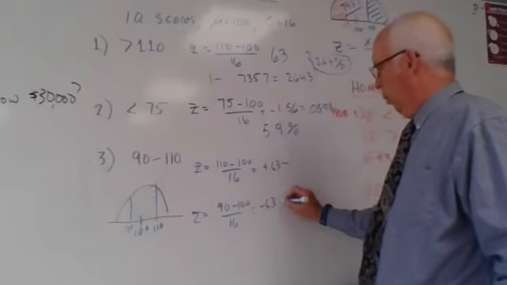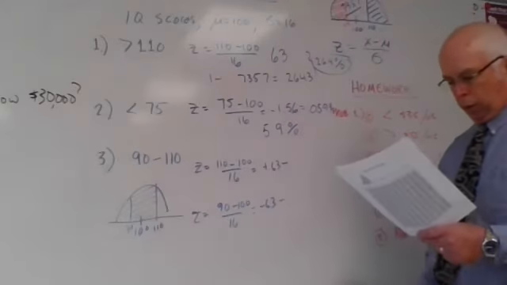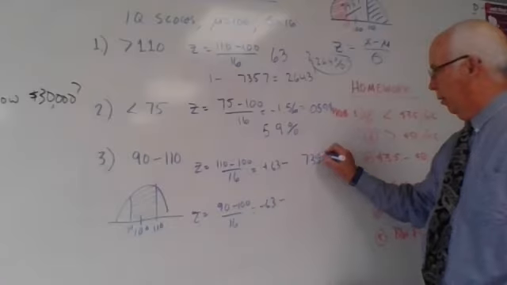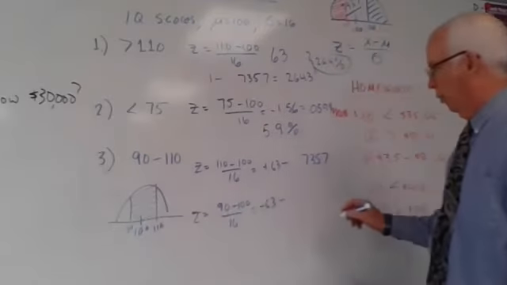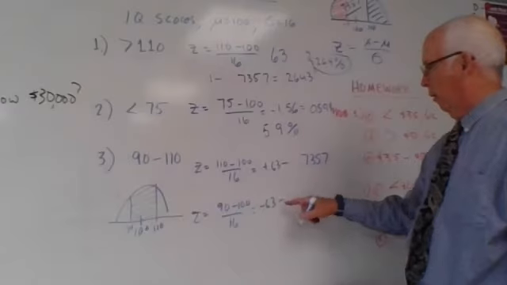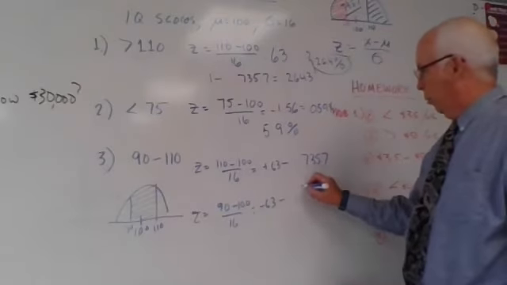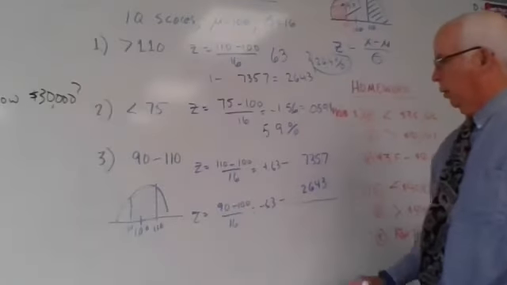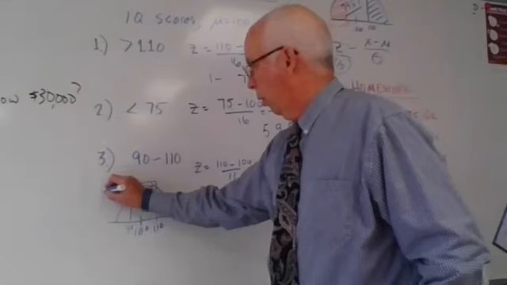And we go to the table, and we get the corresponding values for those number of standard deviations we are from the mean, and we get 0.7357. Which makes sense. We're above the mean. The mean divides it right in half. We know 0.50 is to the left, so we know it's going to be larger than 0.50. And negative 0.63 is actually 0.2643. So this 0.7357 is from this point all the way back.